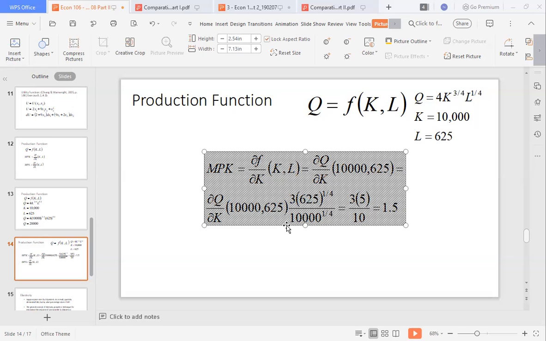Partial K, 625 partial K. So that's 3/4, and that's 3K.